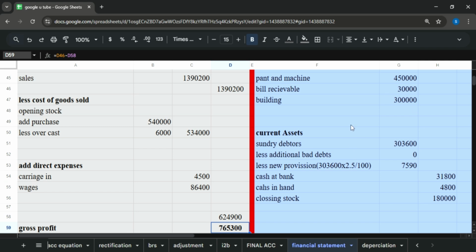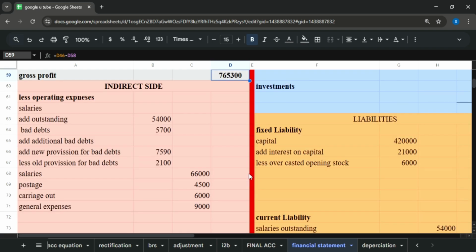This is the fact and final proof that all inputs are correct. Gross profit, net profit is correct. Otherwise, if there is any input, either right side or left side, has been put in the wrong way, your balance sheet would never be equalized. So it means without answer we can proceed.